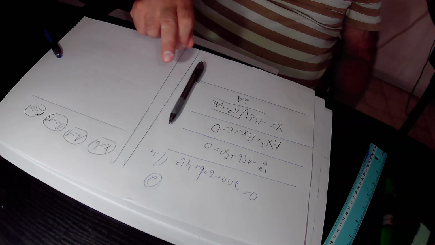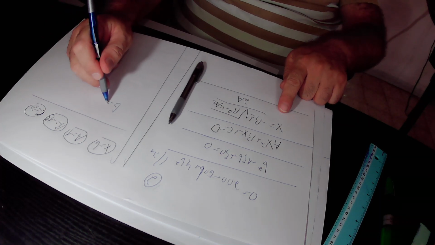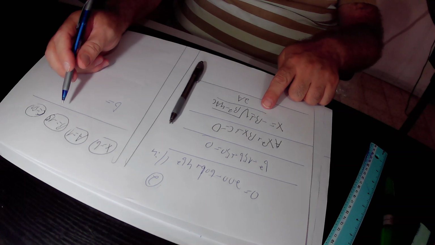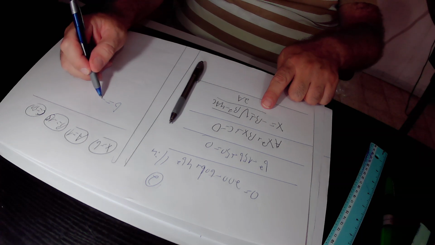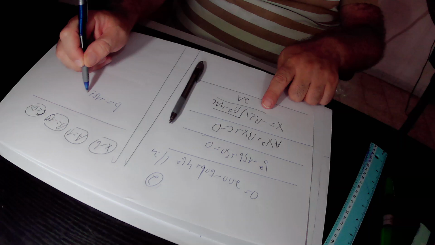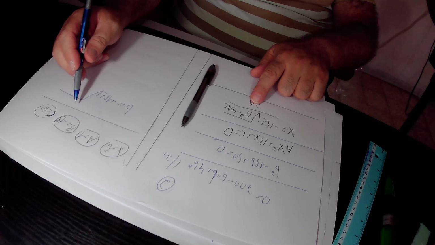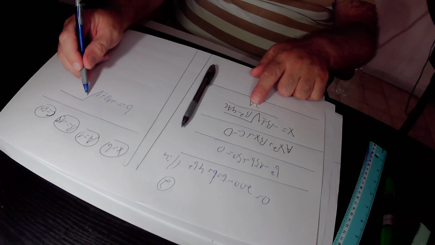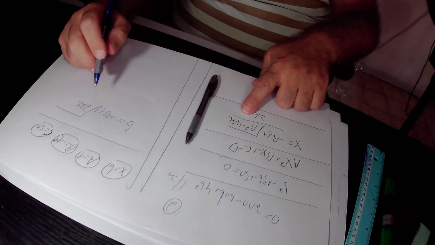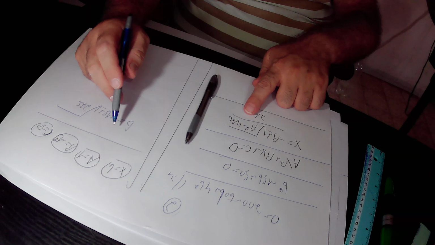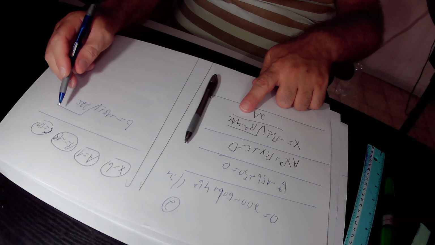So x equals b, so we substitute x by b, and we get that b equals minus b. The coefficient b is minus 15, therefore minus b is minus minus 15, that is plus 15, plus minus the square root of b squared. b is minus 15, therefore b squared is minus 15 squared, that is 225, minus 4 times a times c. a is 1, so minus 4 times 1 is minus 4, times c. c is 50, so minus 4 times 50 is minus 200.